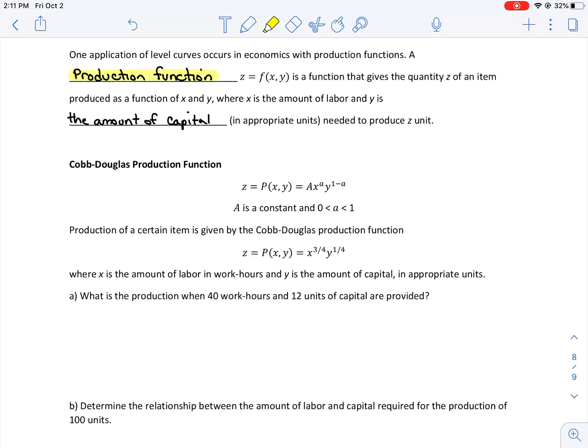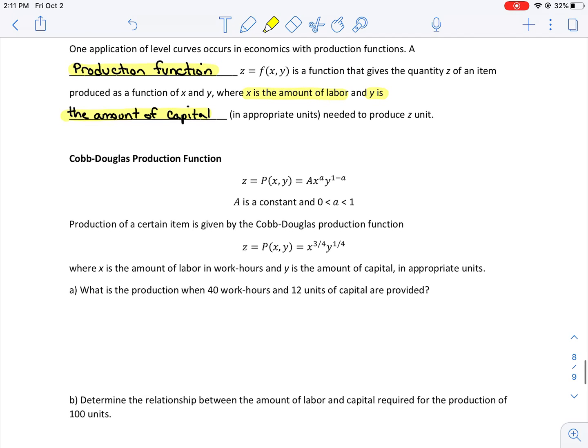A production function is a function that gives the quantity z of an item produced as a function of x and y, where x is the amount of labor and y is the amount of capital, in appropriate units, needed to produce z units. And there is a special type of production function called the Cobb-Douglas production function.